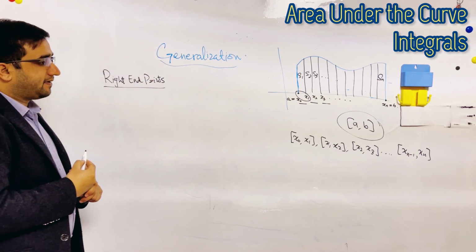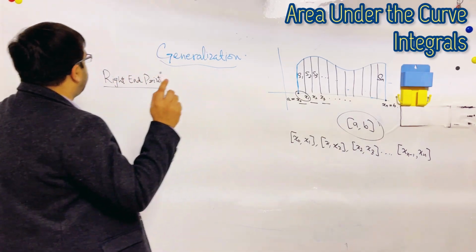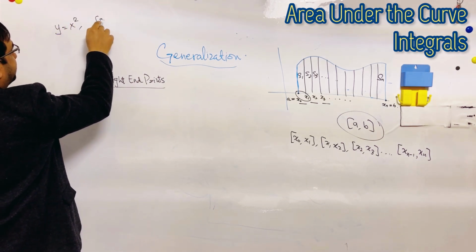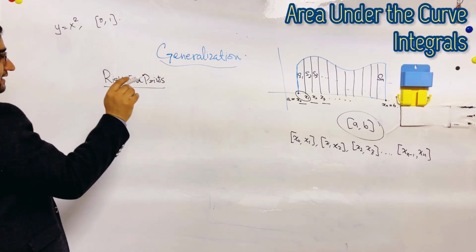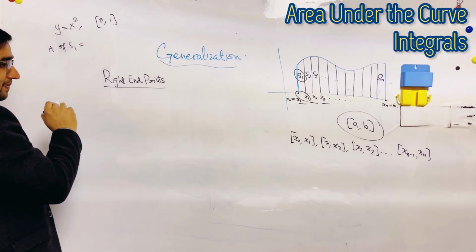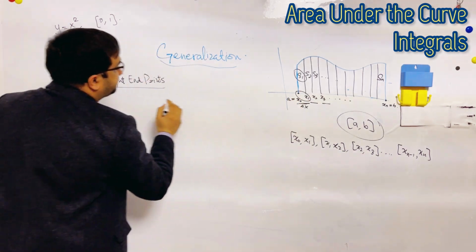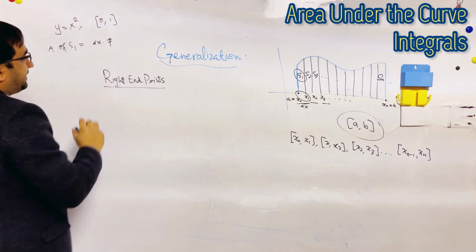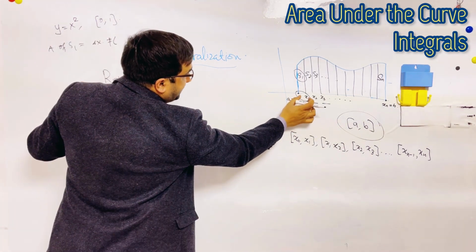If I am considering the right endpoints, the rule which we were applying in the case of the parabola, y equals x square, with interval 0 to 1, was that the area of one slice will be this displacement delta x into the value of the function at the right endpoint of the slice.